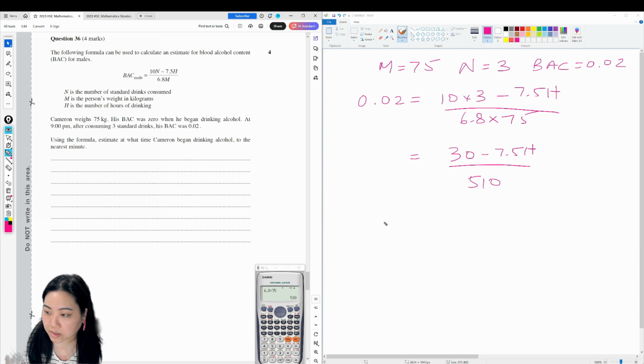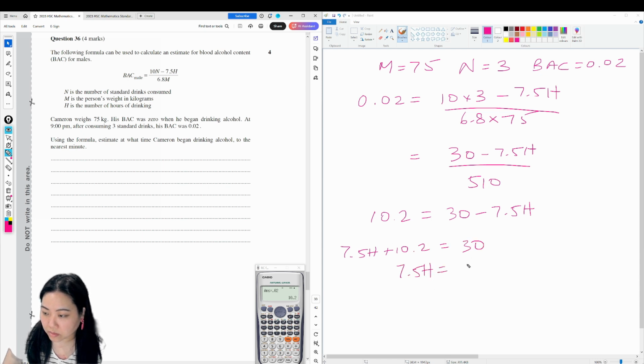And then we times that to the other side, times 0.02. 10.2. I'm going to add 7.5h to both sides. Then minus 10.2 on both sides. Oh, what's that gonna be?